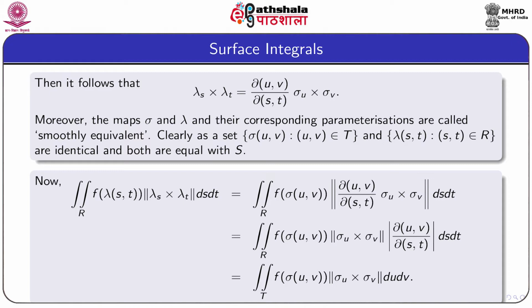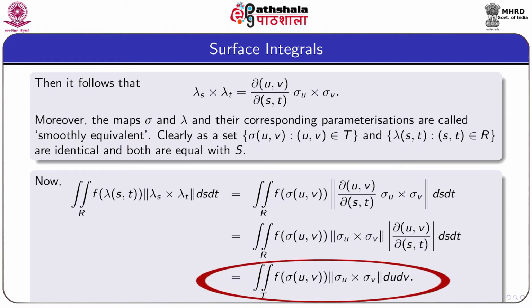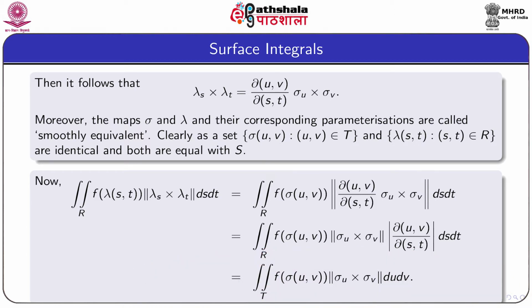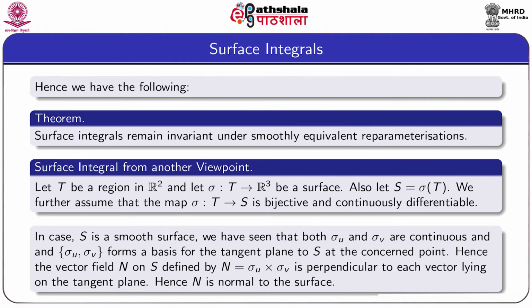So, we take the modulus of the Jacobian outside, and finally this integral equals the double integral over T of f(sigma(u,v)) norm of sigma_u cross sigma_v du dv. Hence, we have the following result: surface integrals remain invariant under smoothly equivalent reparameterizations.